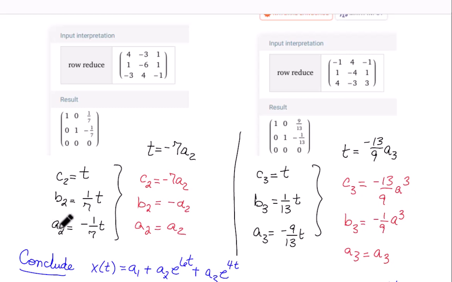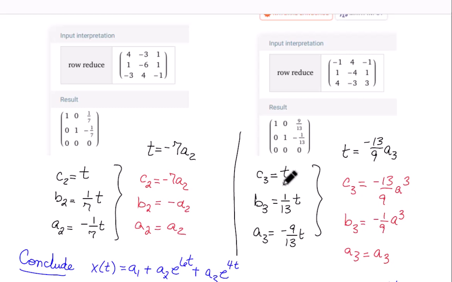Because I want A2 to be A2. So, I let T be minus 7A2. And that's going to give me what B2 and C2 are.